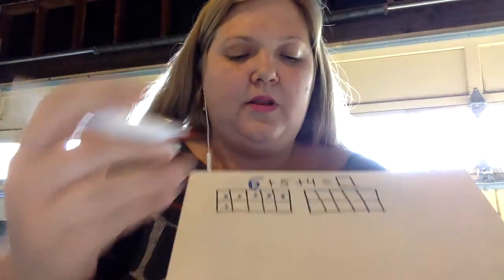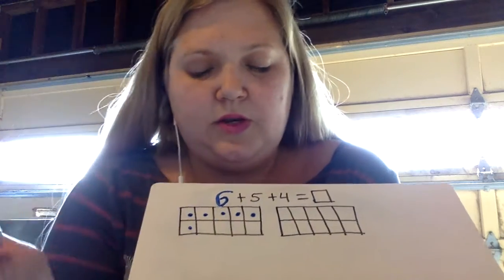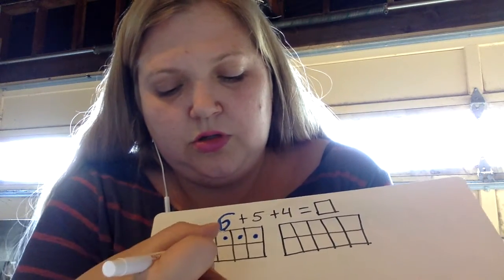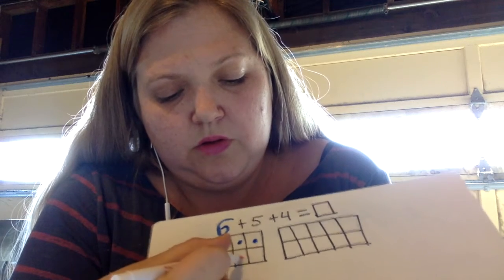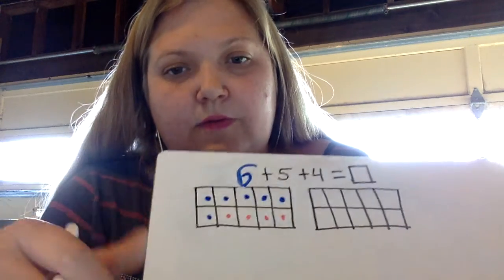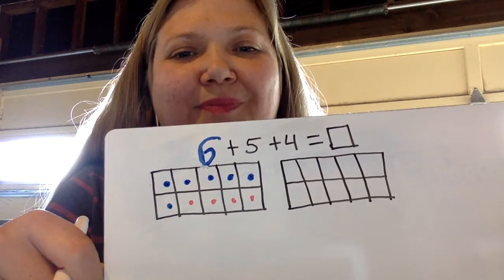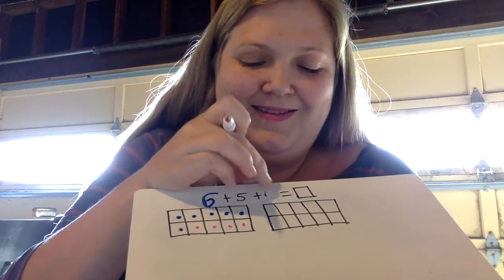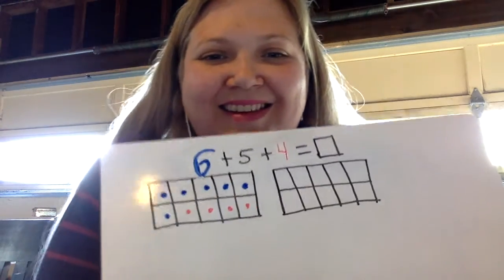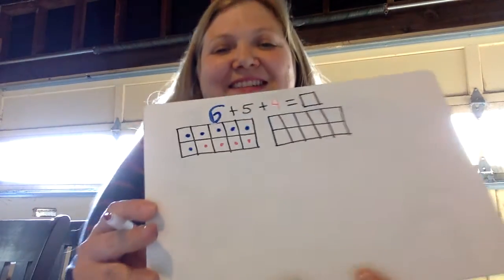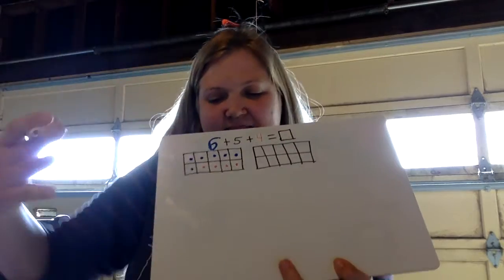And I remember the commutative property, so I'm just going to go ahead and do the 6 plus 4 first. And I'm going to put my 4 in here. 1, 2, 3, 4. And look what happened. Did it make a 10? It sure did. And then 10 and some more.